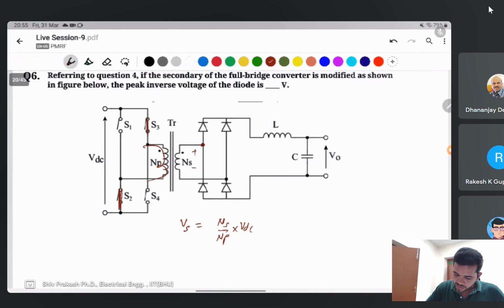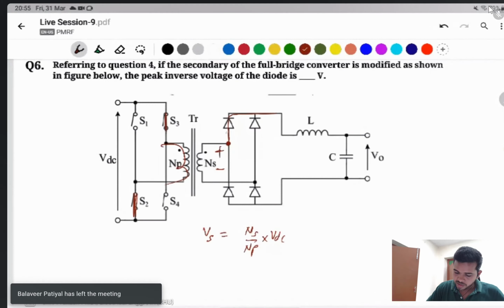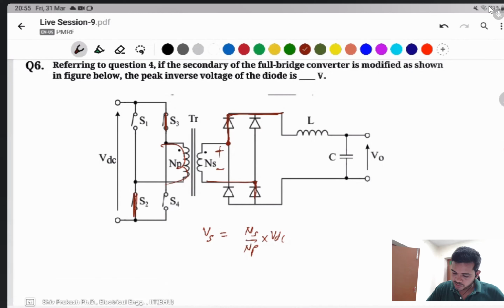This switch is off. Sorry, this one has positive voltage, this one negative voltage, then this one is turned on, forward biased diode. In this condition, this one is negative voltage and this one is forward biased. And what will be the voltage of VS here? Negative voltage. Same, this one voltage. Because this one is connected here with forward bias, this voltage is just VDC.